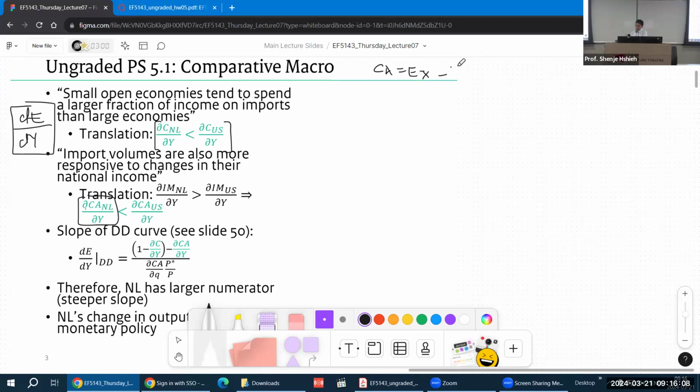We're talking about commodity flows here. In this case, we can say that the Netherlands are more likely to import goods and services from abroad when they have a unit larger amount of income, given the same amount as the US, right? So rather than consume goods and services domestically, the Netherlands prefer to import stuff from abroad.